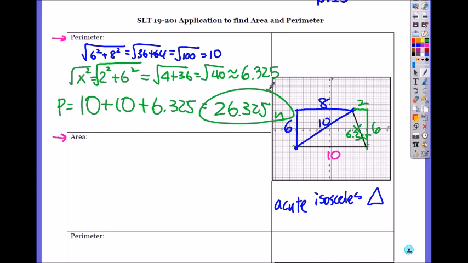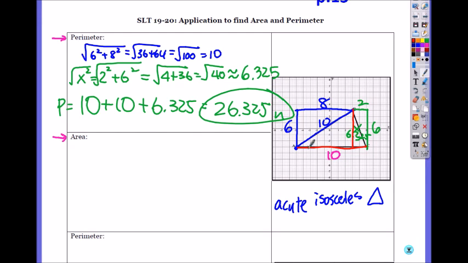What about the area? How do you find the area of a triangle? This one is nice and easy. Why? You can find the base by counting. You can also find the height by counting. Some other triangles that I'll show you later will be much harder than this. Why? Because you cannot just find base and height by counting it.